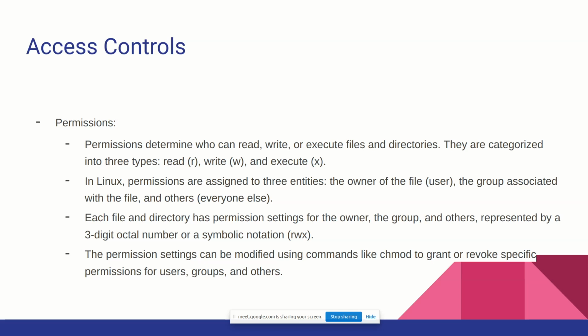So permissions, as I said earlier, there are three types: read, denoted by small r, write, denoted by small w, and execute, denoted by small x. Here I want to ask you a question: which files can have execute permission? What type of files should have execute permission in order to execute?